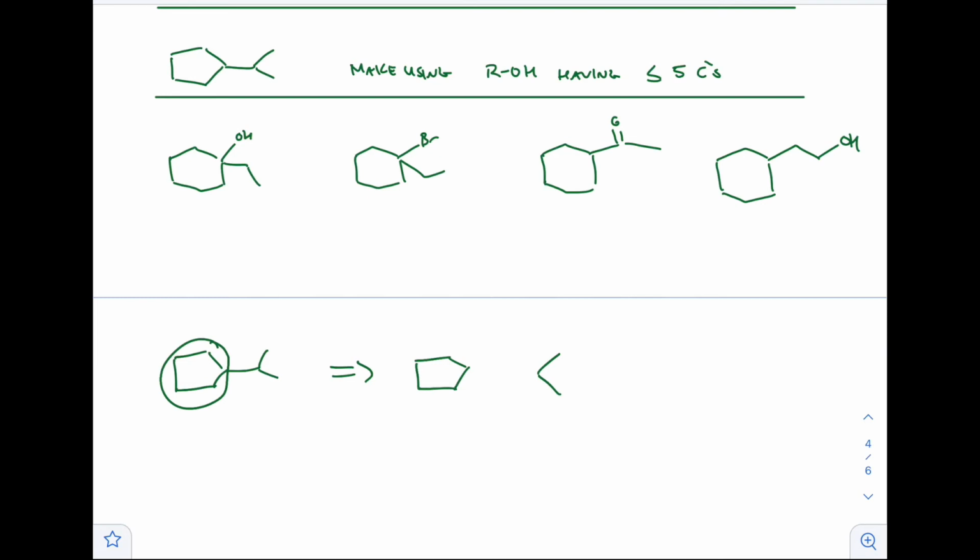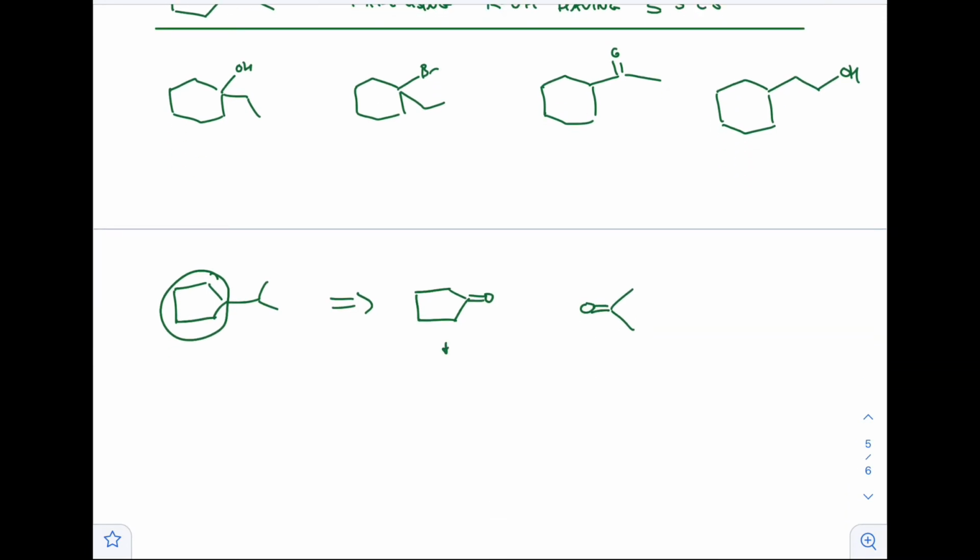Okay, so the first problem, what my thought is, 5 carbons, right? I don't know how to make a ring yet. We did kind of do that, but we're not super good at it. So let's not make the ring. Let's start with the ring. And it said we can start with 5 carbons or less, so let's start with that.